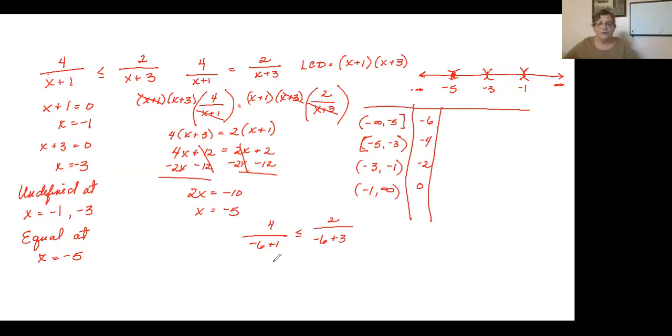This is going to give me 4 over negative 5 is less than or equal to 2 over negative 3. This is negative 0.8 is less than or equal to negative 0.67. Just go far enough to see which one is actually smaller. Negative 0.8 is farther to the left than negative 0.6, so this is true.